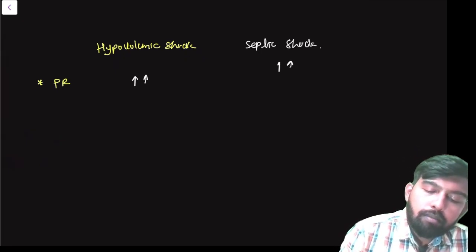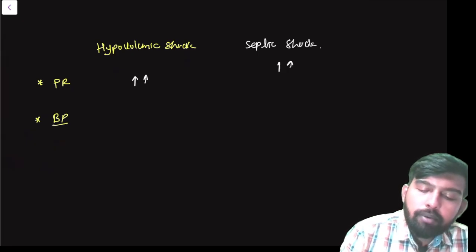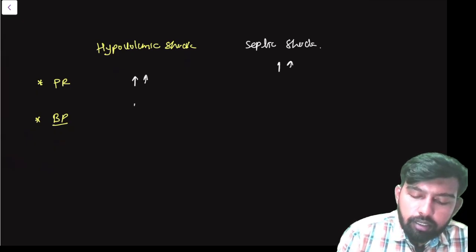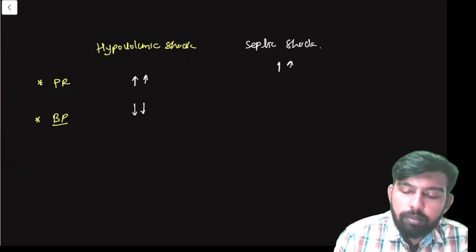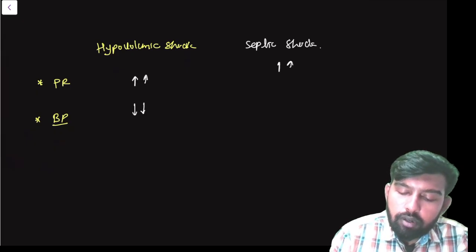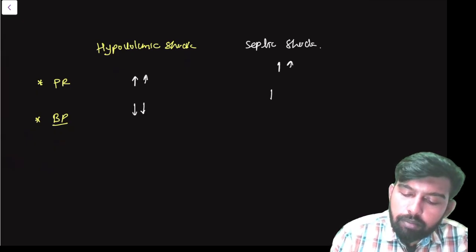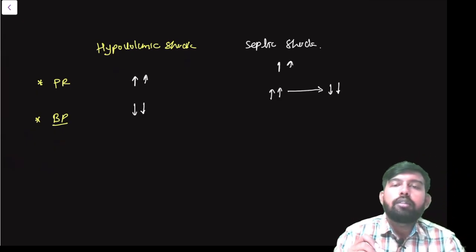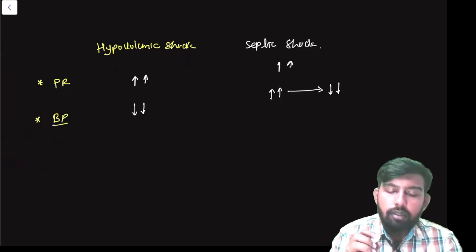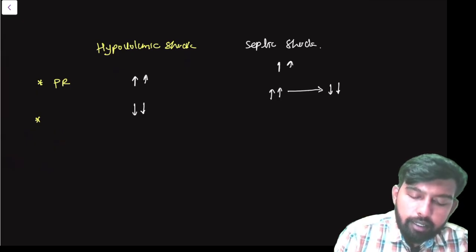Another component is blood pressure. In case of a hypovolemic shock, the blood pressure is decreased. There is a fall in the BP, there is a low BP. In case of a septic shock, initially in the warm type of shock, the blood pressure is increased, and ultimately then falls during the hypodynamic state. This is for the cardiac output.